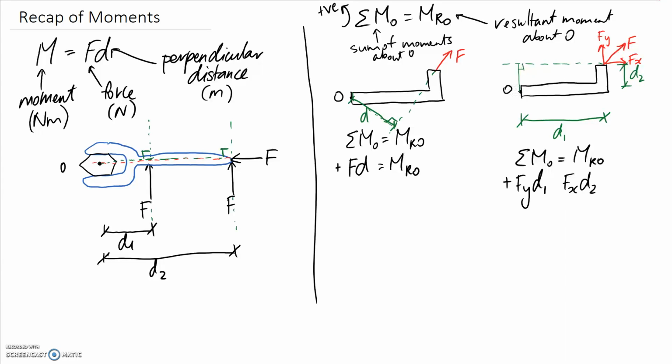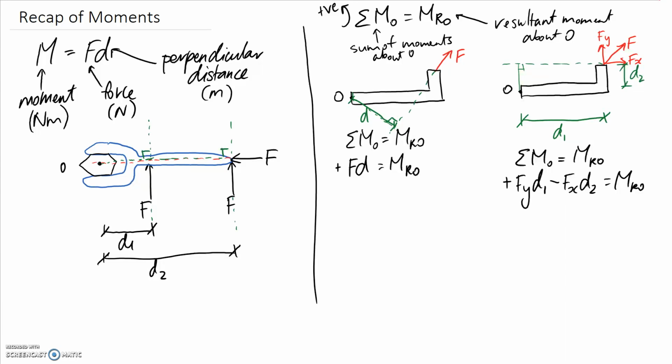So about point O here, if you think about pulling on it with this Fx and think about it being able to rotate about point O, hopefully you can see that it's going to want to pull it in a clockwise direction, which would represent a negative in the equation. So this is equal to MRO. So whichever way you do it, you should get exactly the same answer for MRO, assuming that your system was identical. So FD in this instance is equal to Fy times D1 minus Fx times D2.